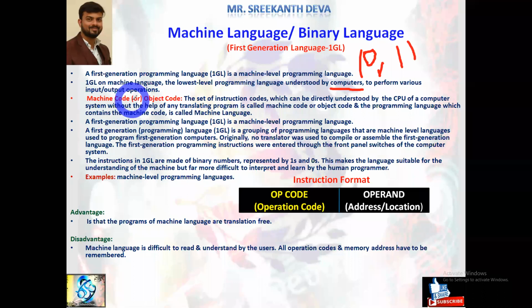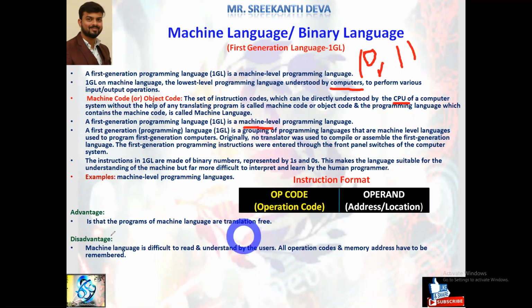It consists only of machine code or object code, the set of instruction codes which can be directly understood by the CPU or processor. Such codes are called machine code or object code, generally represented by zeros and ones.